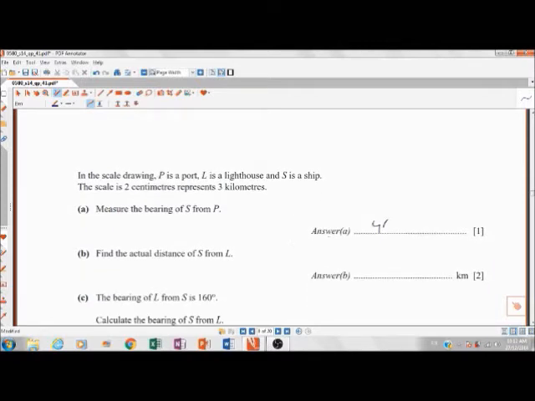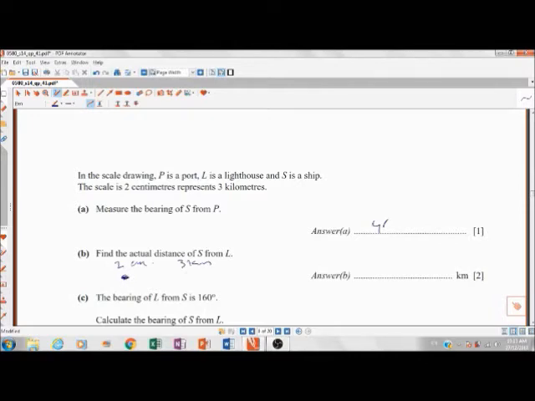Find the actual distance of S from L. They want the actual distance, the real life distance. So what you do here is, using the scale, you find the distance. First, use a ruler to find the centimeters, and then convert into kilometers by using the scale, like so. 2 centimeters to 3 kilometers.